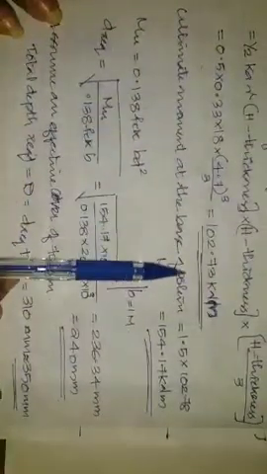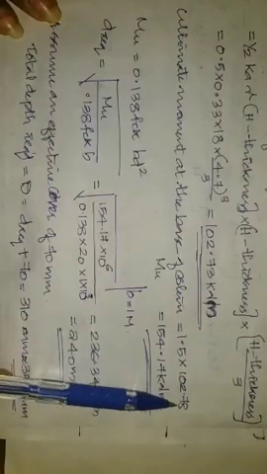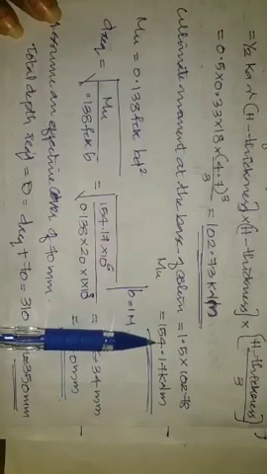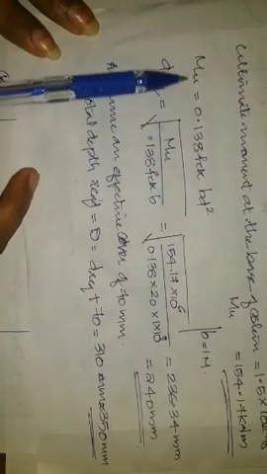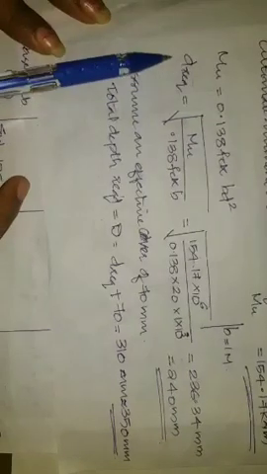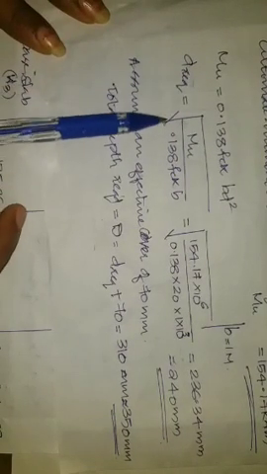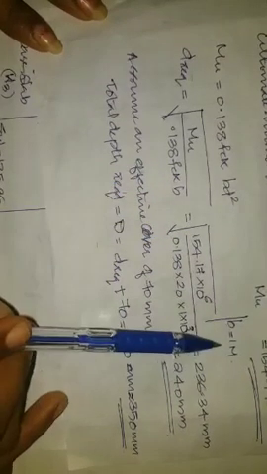The ultimate moment at the base of the stem is equal to 1.5 into 102.78 is equal to 154.17 kilonewton meter. Then the ultimate moment is equal to 0.138 fck b d square. This equation is because Fy is equal to 415 Newton per mm square. The required depth is equal to root of Mu by 0.138 fck b. Here b is 1 meter.